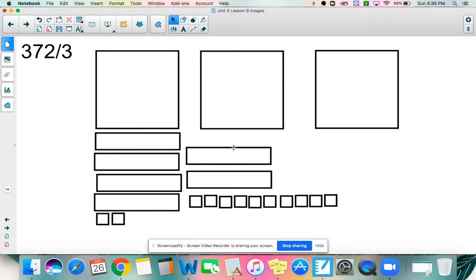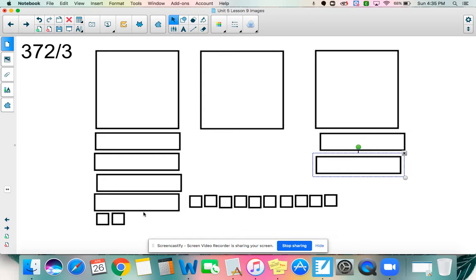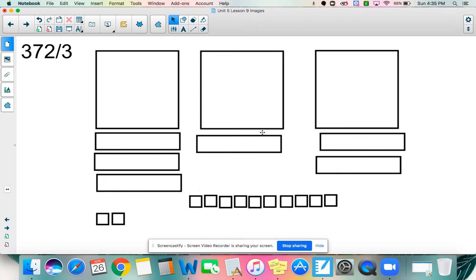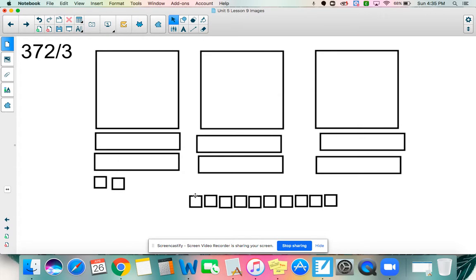Let me get this set up. So I took that one extra tenth and I broke it into 10 ones. And now I'm going to split my ones up. So I'm going to put some here, and then I'll put a few here. I'm just putting an equal amount in each group.